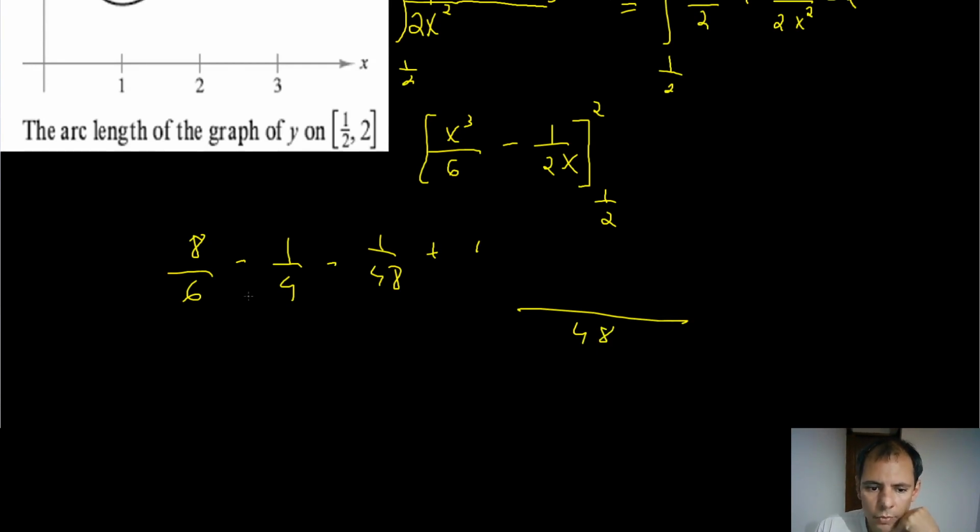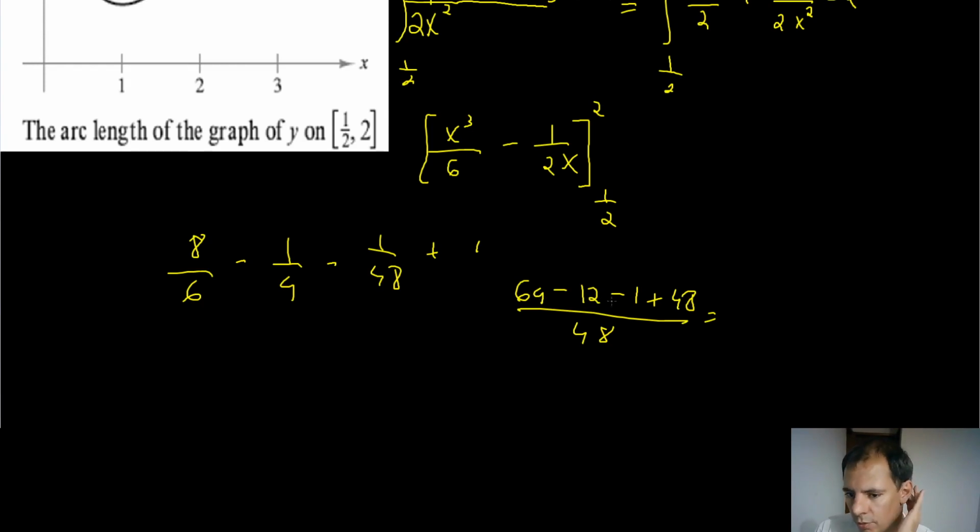Okay, so 48 divided by 6, 8 times 8, 64, minus 48 divided by 4, that's going to be 12, right? Yeah, 12 here. And then I have a minus 1 and a plus 48 equals, well, let's do this here. This is going to be a minus 13.